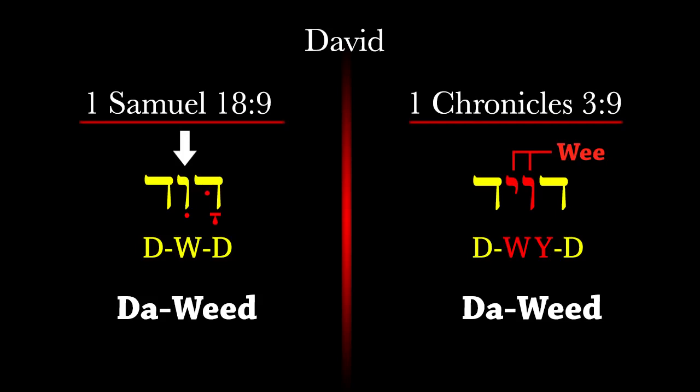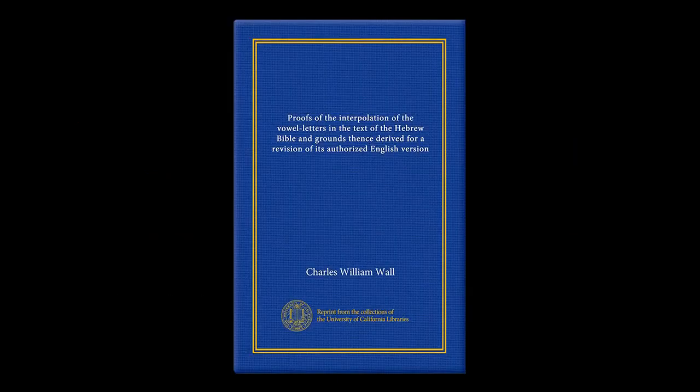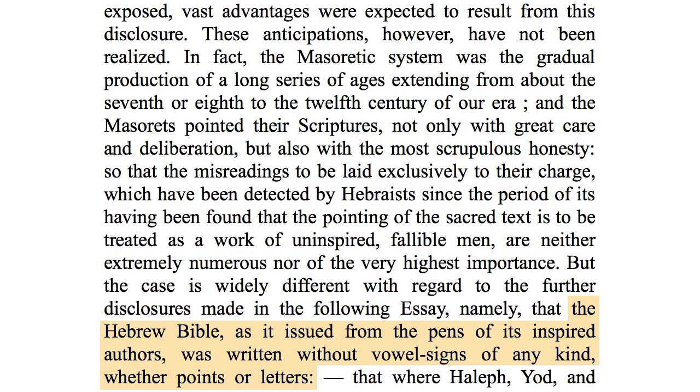But if it's not, then a lot of the sounds that are used in Hebrew today are wrong. Watch this. Let's go back to this book. It's called Proofs of the Interpolation of the Vowel Letters in the Text of the Hebrew Bible by Charles William Wall. This is page 5 of the introduction section.